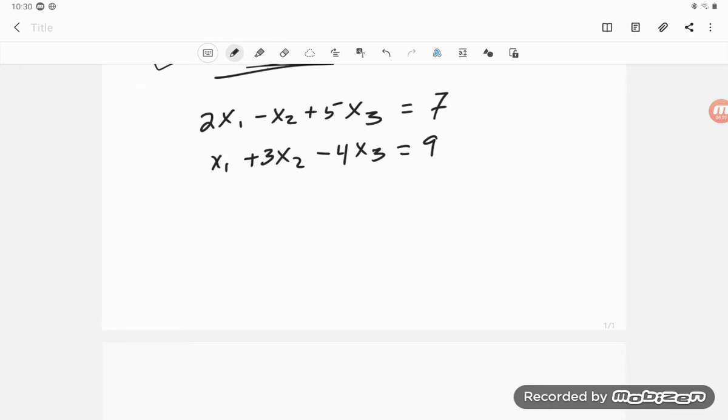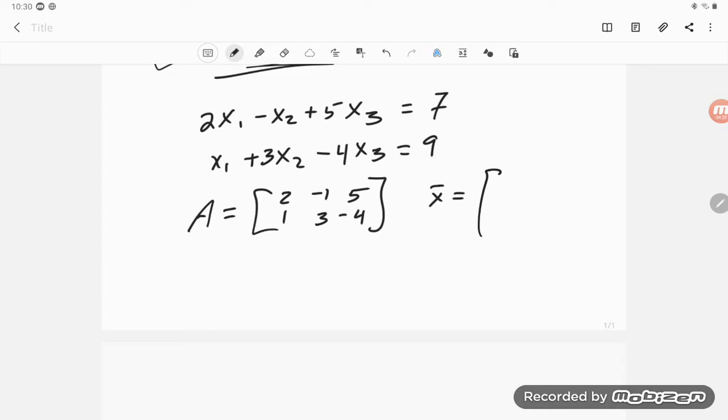So here we might say our matrix A is 2, -1, 5, 1, 3, -4. Don't want that equal sign there. Then we're going to have our unknown vector x, which is the vector x1, x2, x3.